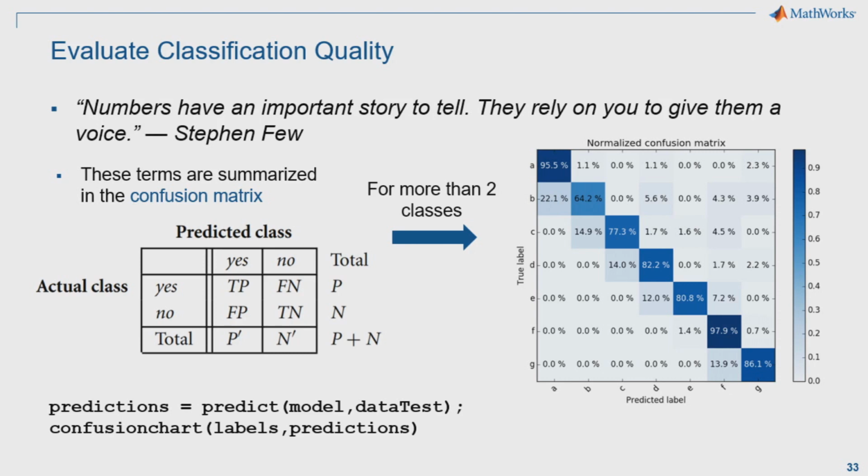And the dataset here, the data test, is the part of your dataset that you want to classify based on your model. And the labels predicted by MATLAB are stored in the variable predictions, which can be used together with the real labels of the data that you used for prediction to build the confusion chart.